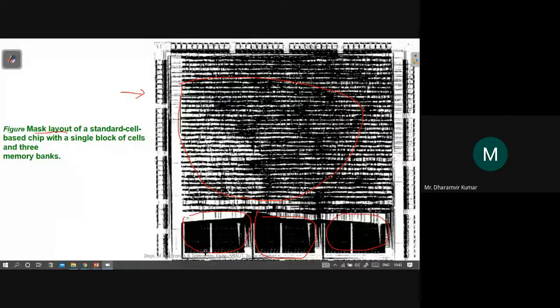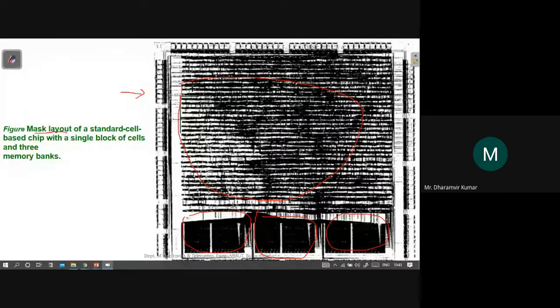So you do not design the memory, it will be available prior to the design, because memory contains a very regular structure of components, so it's pre-designed and fixed. You pick up a memory block and place it somewhere here, and then you pick up the components, place them here, and route them.